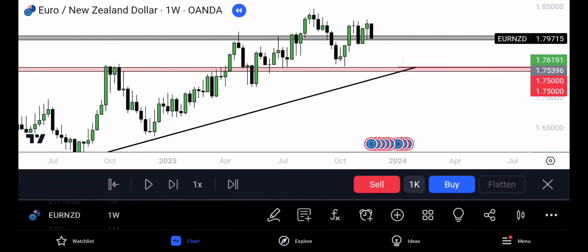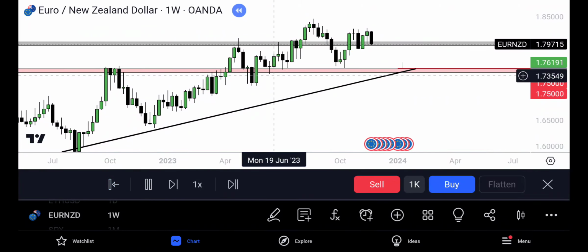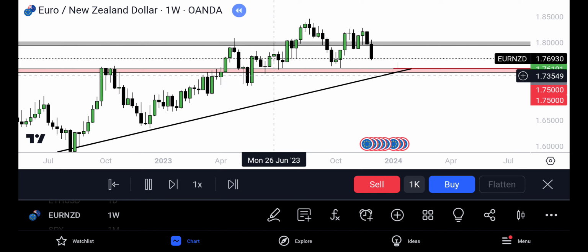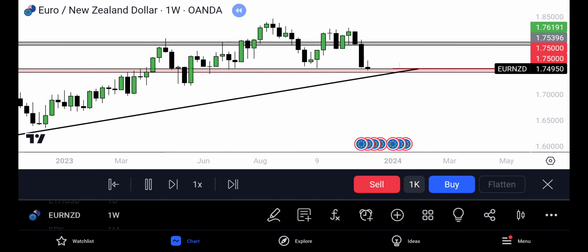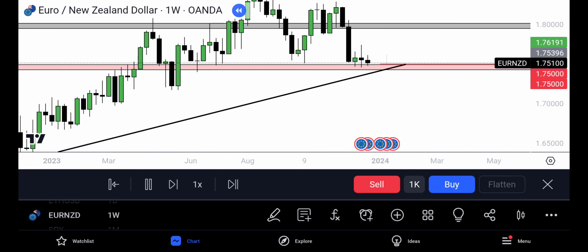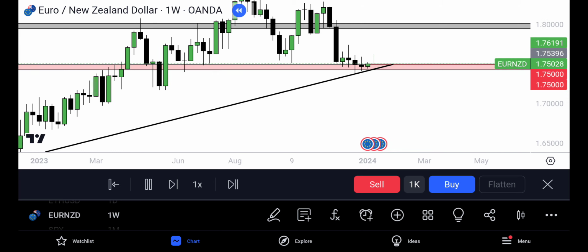When price was moving down to the premium support level, you can see the price tapped on the support level right there, and I was waiting for the market to also tap on the trend line and give us a good confirmation that it wants to move up. So the market came, tapped on the trend line, and gave us this confirmation.